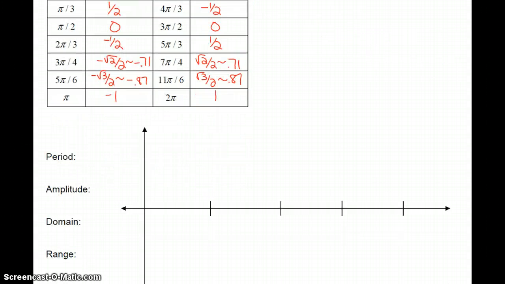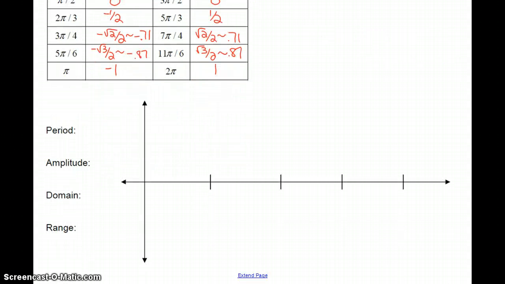Again, our x-axis is divided the same way our sine graph was. The last point I'm going to plot is 2 pi. Cut that in half, we get 1 pi. Cut that in half, we get pi over 2. And in between 1 and 2 is 3 pi over 2. In between are pi over 4, 3 pi over 4, 5 pi over 4, and 7 pi over 4.